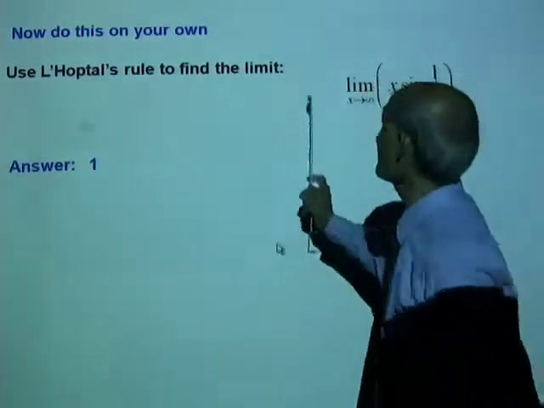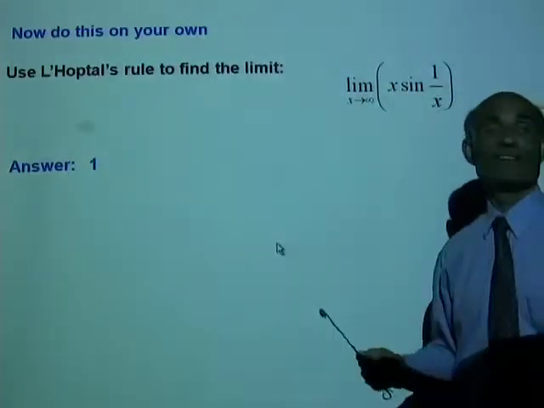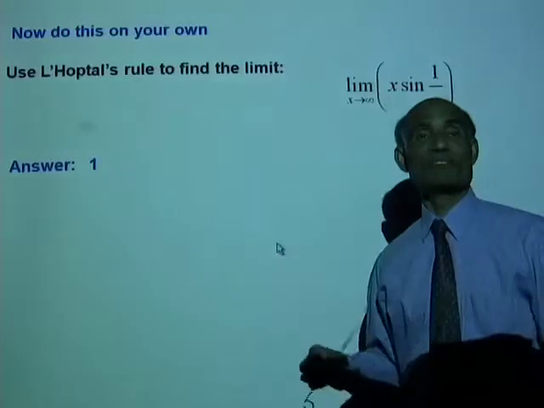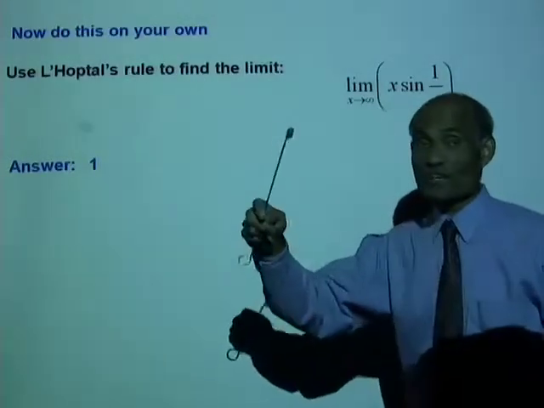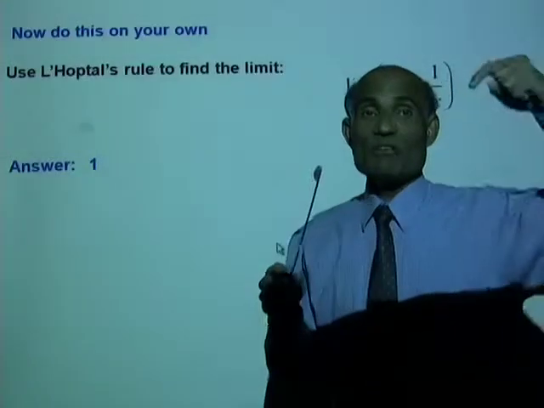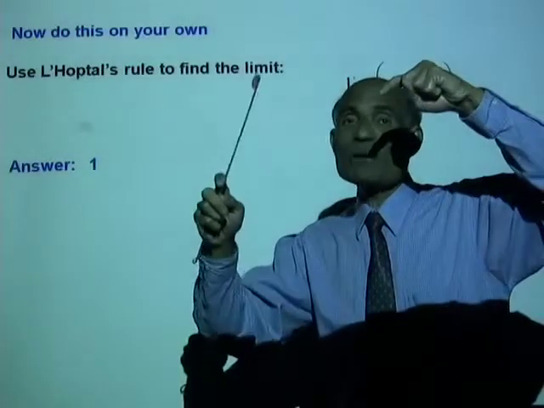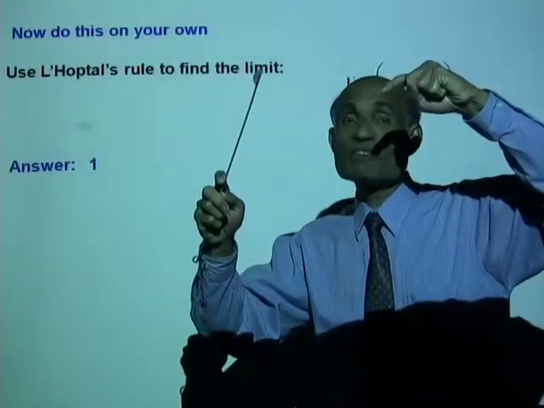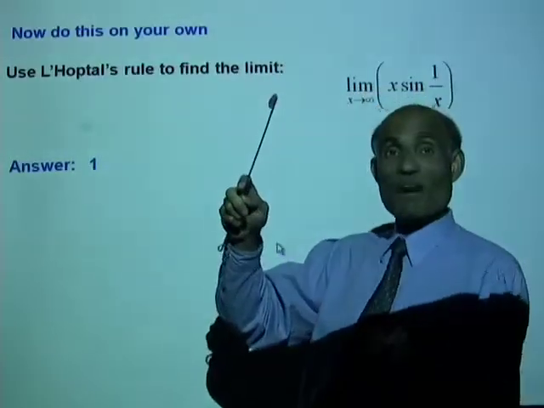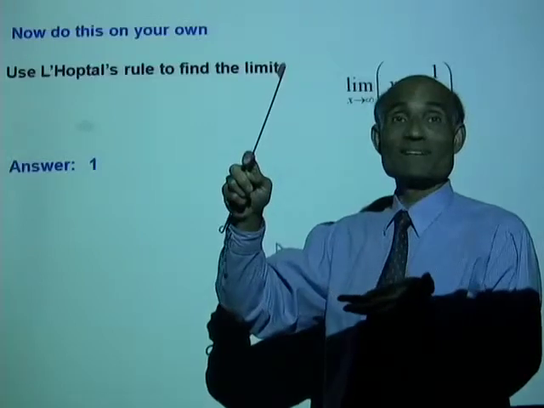Alright, how do we write this in the form f of x over g of x? We did this in the last problem. Remember, we said nt times a quantity, we wrote it as t times the quantity divided by 1 over n.